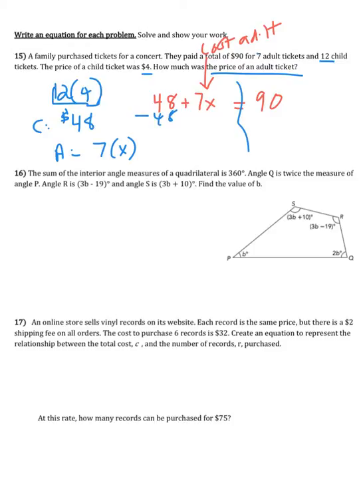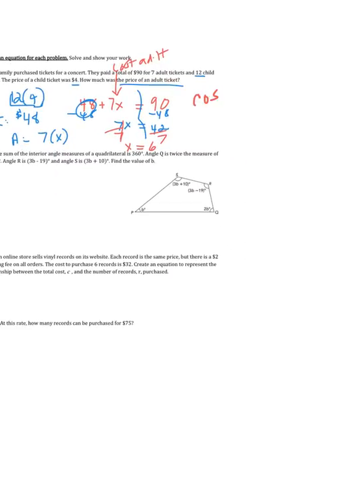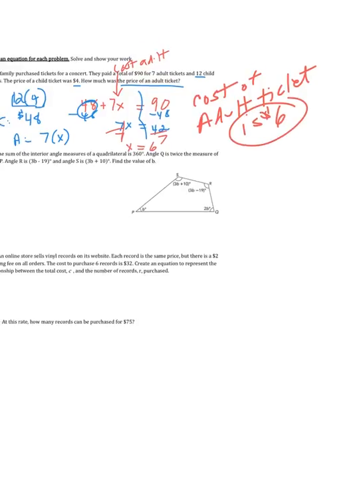Subtract 48, that cancels out. 7x equals 42. Divide by 7, x equals 6. So the cost of an adult ticket is $6. Okay.